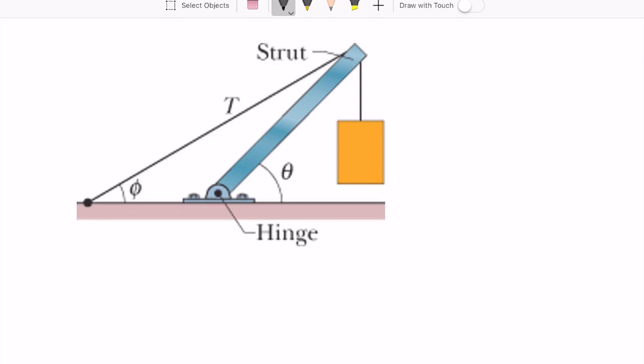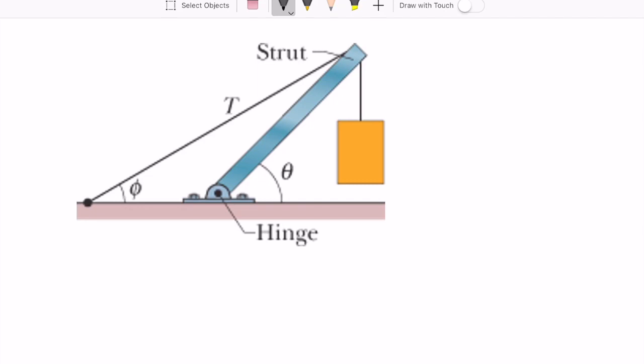Okay, so what we have here is a beam or a strut, and this beam is hinged onto the ground, and you have a weight hanging from the other end of the beam, and you have a cable which connects the beam to the ground. And the angles are shown. The whole thing is in equilibrium.